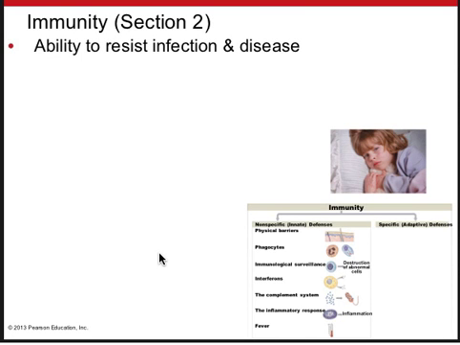If we look at the ability of the immune system to defend us against disease, we have to take a broad-based examination of how the body encounters pathogens and then how it deals with them.